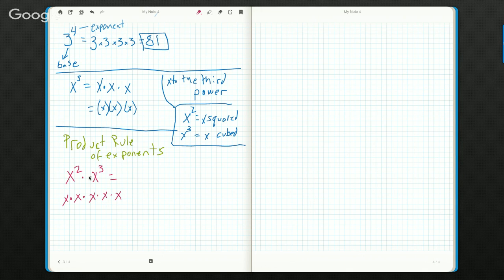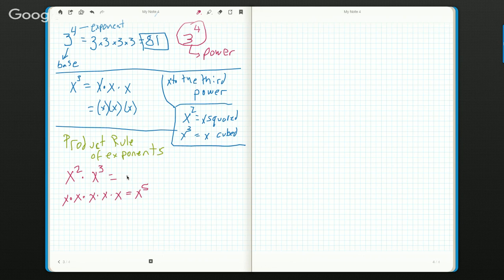By our definition of a power, 3 to the 4th, 4 is the exponent, 3 is the base, and the whole expression is called a power expression. So by the definition of a power, this is equal to x to the 5th.